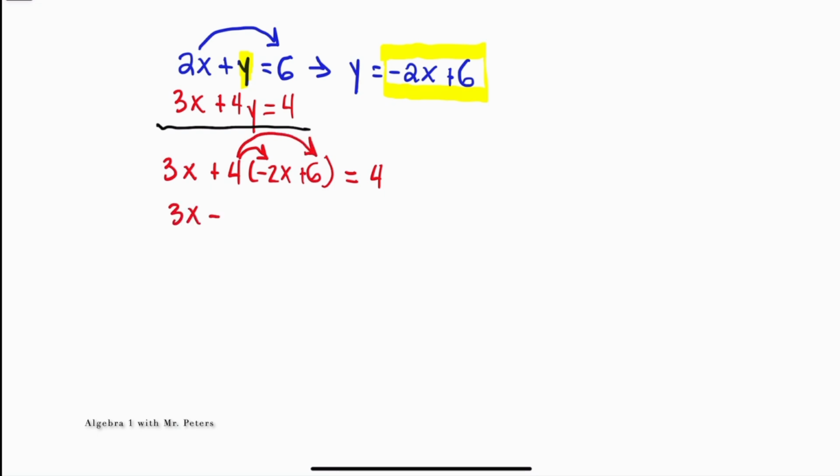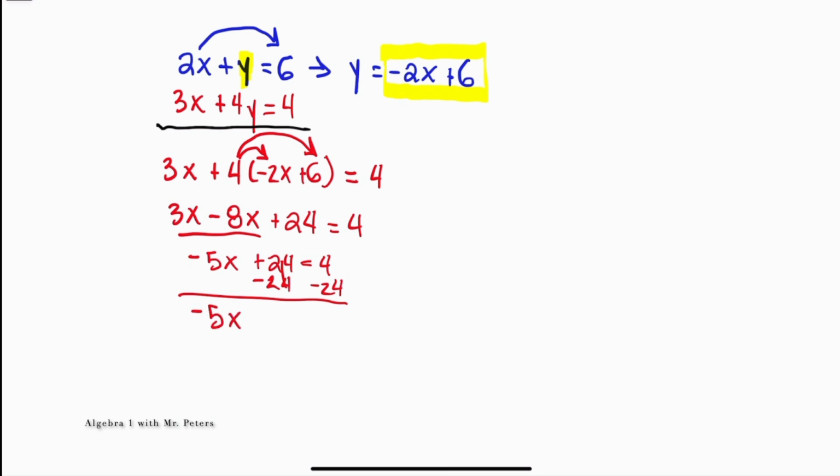So we have 3x minus 8x plus 24 is equal to 4. Simplify to get negative 5x plus 24 is equal to 4. After we subtract 24 and combine our constants, we have negative 5x is equal to negative 20.